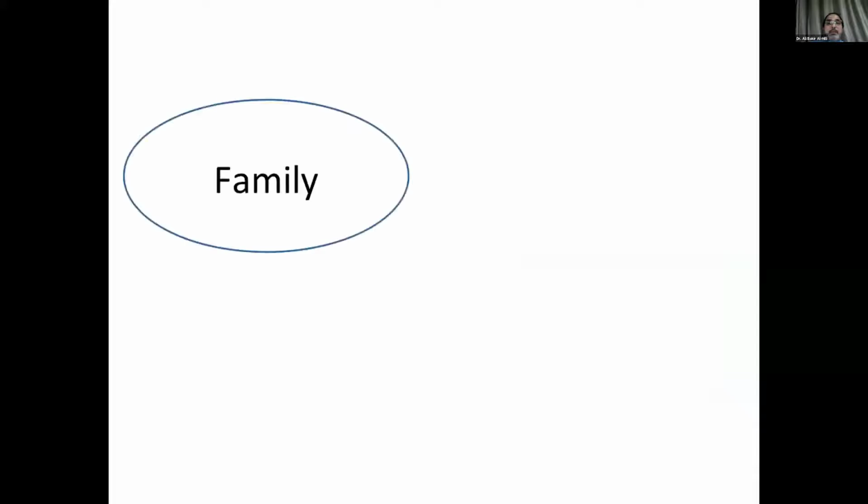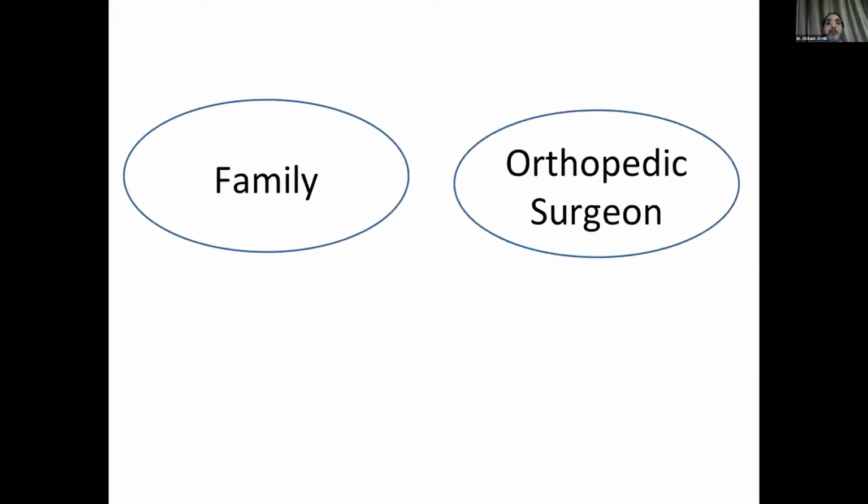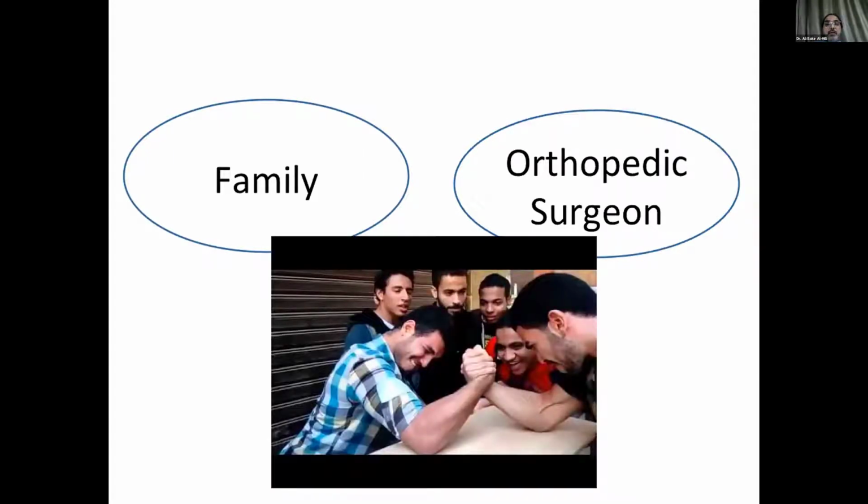Definitely many people decide, but it mainly comes from the family and the orthopedic surgeon. There is a huge debate and conflict between family and orthopedic surgeon. If the family wins, there is a problem. If the orthopedic surgeon wins, it's okay. But what if this surgeon is not well qualified to treat pediatrics?